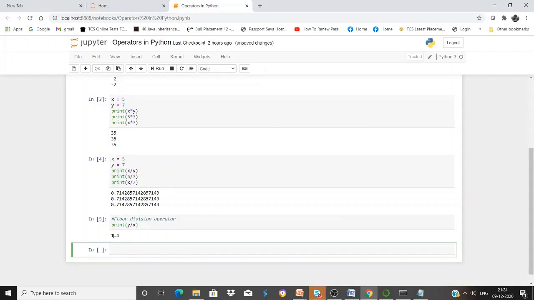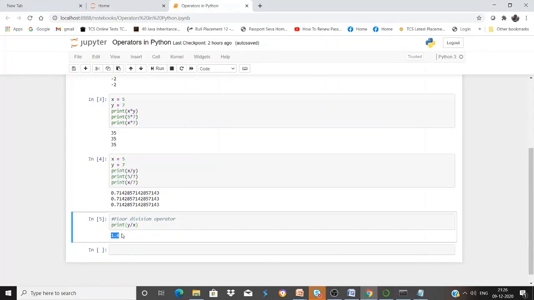Now there are two integers which are nearest to this division result. One integer is 1 and another integer is 2. So this 1.4, the division result, actually lies between the integers 1 and 2.